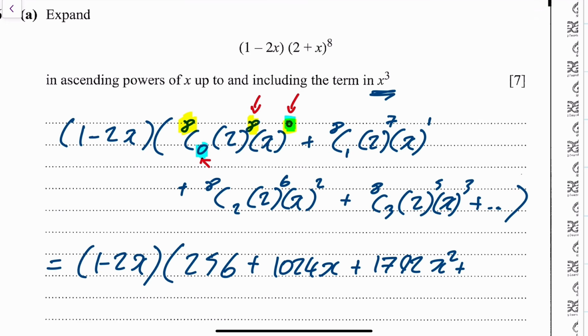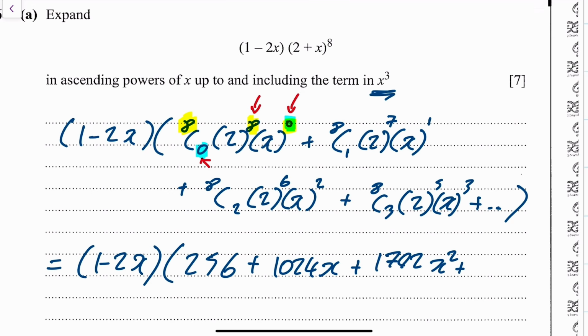I've got something different, right? So I'm going to check this one here as well. Apologies. 8c2 times 2 to the power of 6. Yep, that one was right, that was 1792.